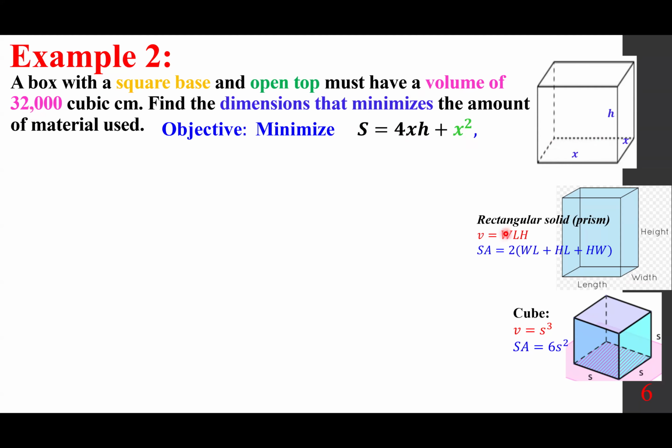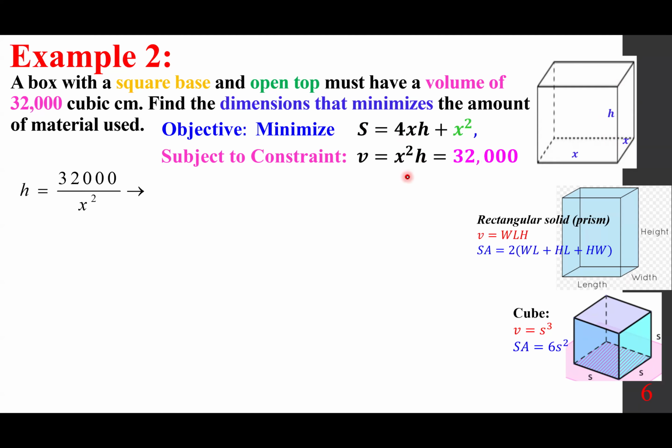The volume is the width times the length times the height, so x squared h equals 32,000. S, the objective function, is a function of x and h. We're going to solve for h in this one and put it into S. This way we make S a function of x only.